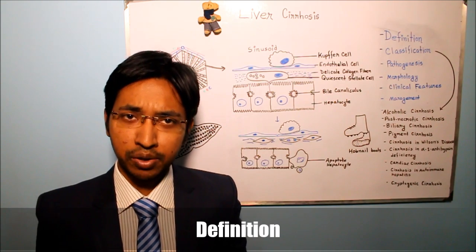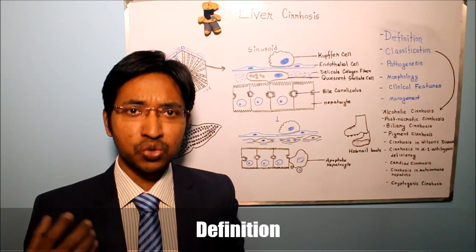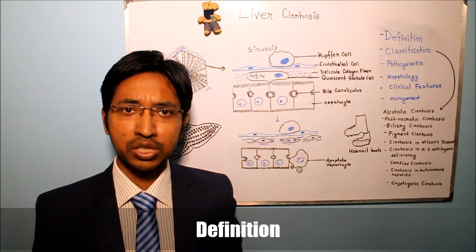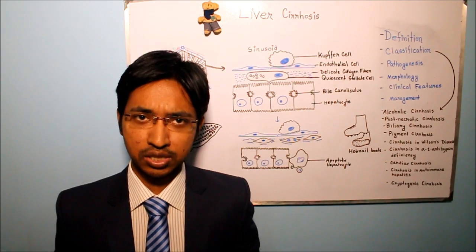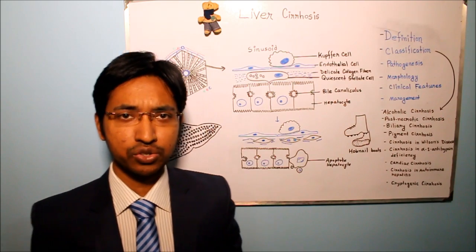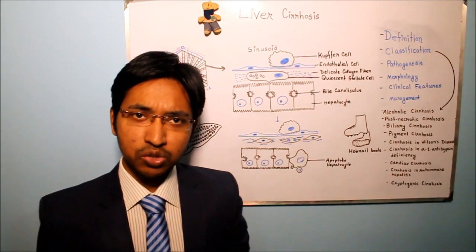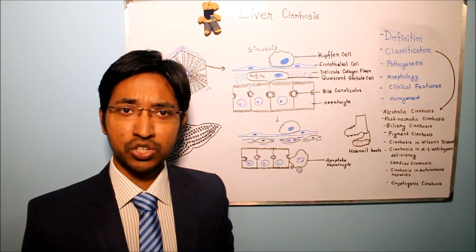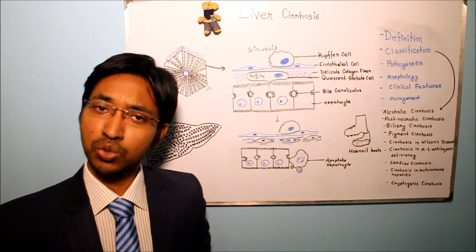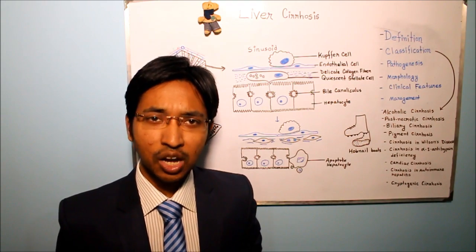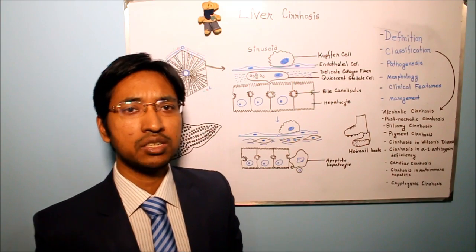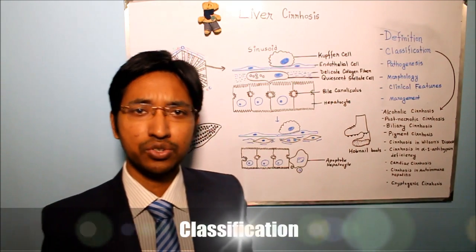And always remember, regarding the vascular shunting, often we will see portosystemic shunting when we are talking about liver cirrhosis. So now that we have talked about the features of liver cirrhosis and also defined liver cirrhosis, now we will move on and talk about the classification of liver cirrhosis.